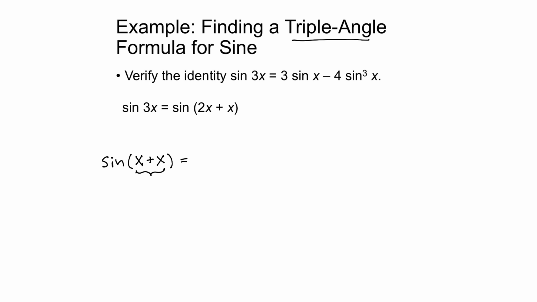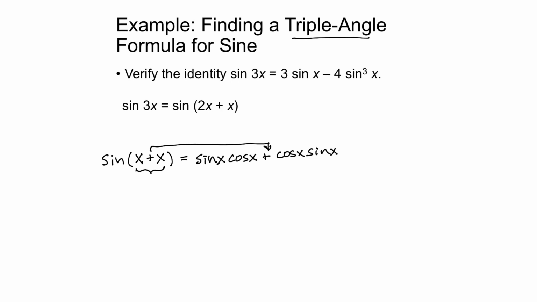If I use the sum and difference, if you recall, this gives me sine x cosine x. The signs match up, and we get cosine x sine x. Now, normally, those are different angles, right? We had the u and the v. But if they're the same angles, you'll notice that with products, we can express them in any order.